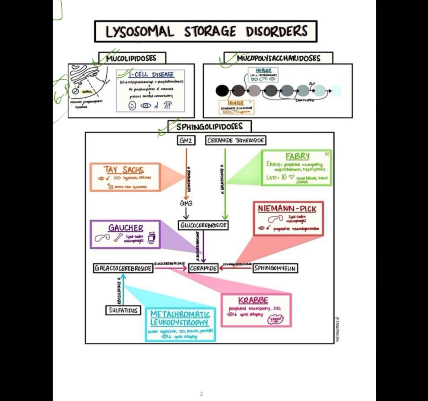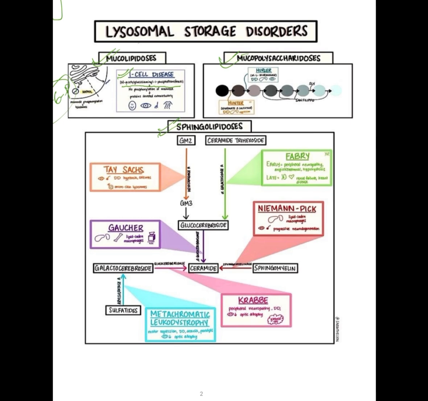This does not happen in this particular enzyme deficiency called N-acetylglucosamine-1-phosphotransferase, and this leads to immature production of the proteins, which are then packed by lysosomes, and hence it is a lysosomal storage disorder.